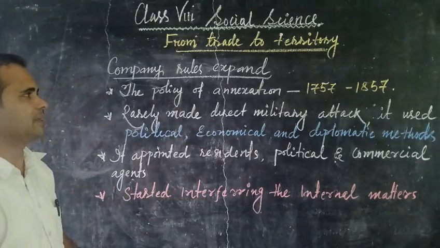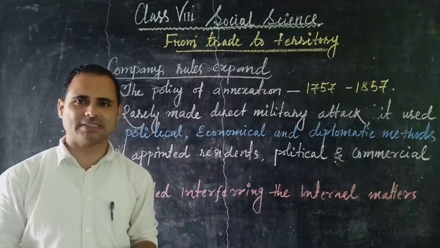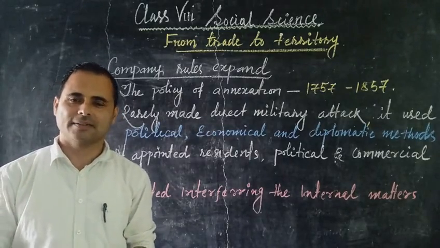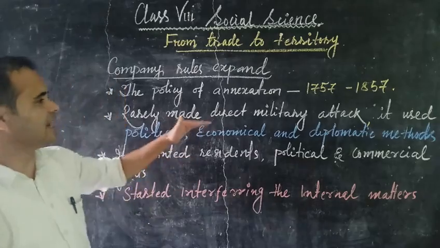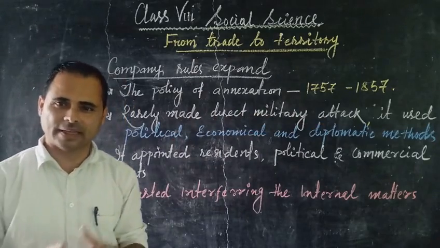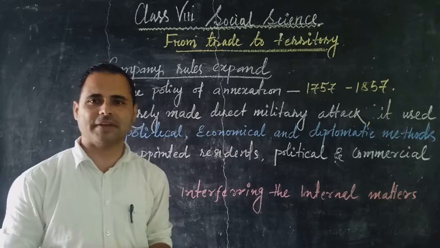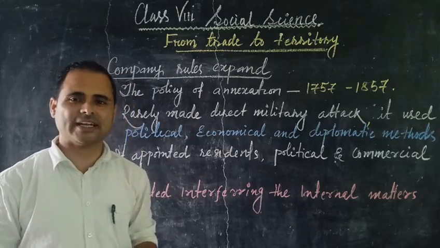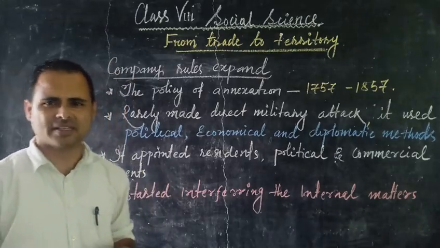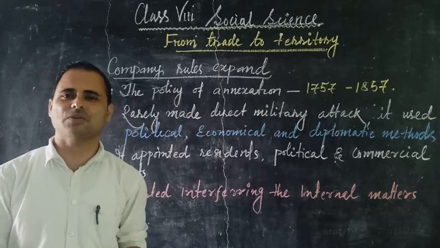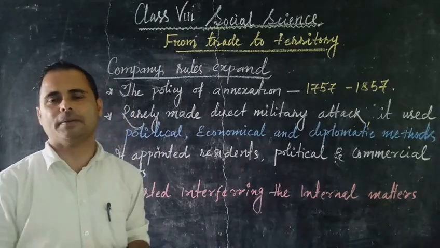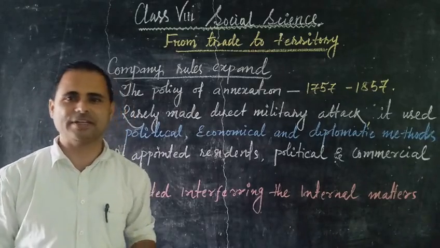Then how did it happen? Do you know, in this process of annexation, the company hardly made a military attack over any princely state. They were keenly observing the Indian princely states and their divisions, the unity of the people, and what the loopholes were. They used their best ways to avoid a direct attack on the princely state or the Indian rulers.